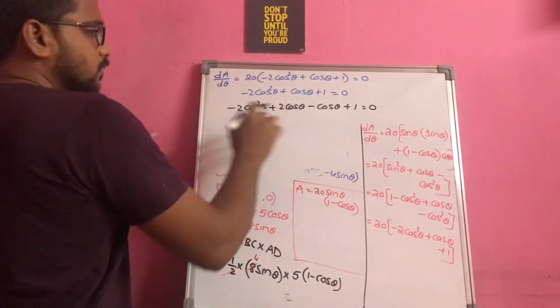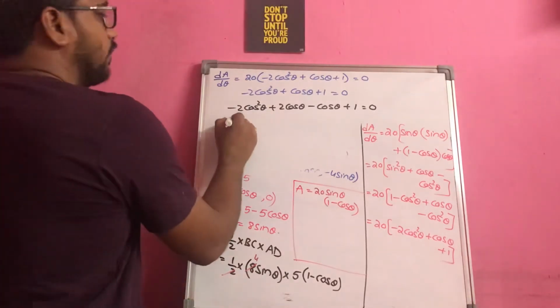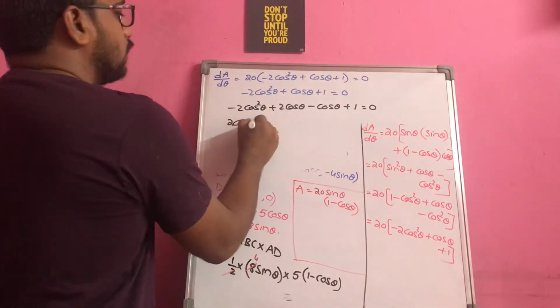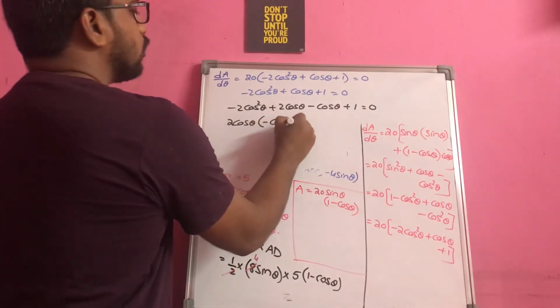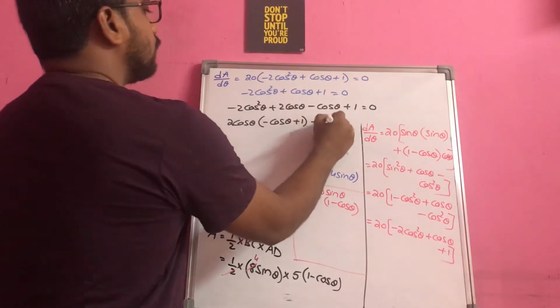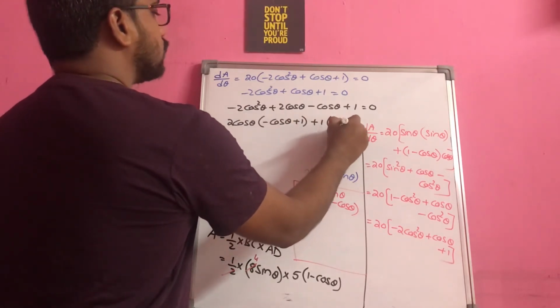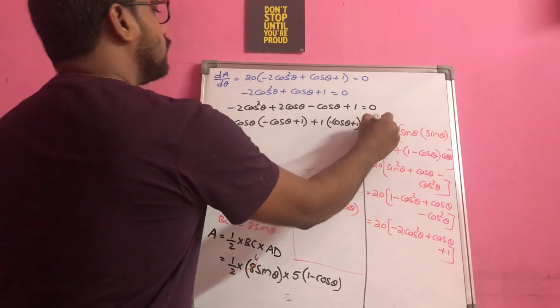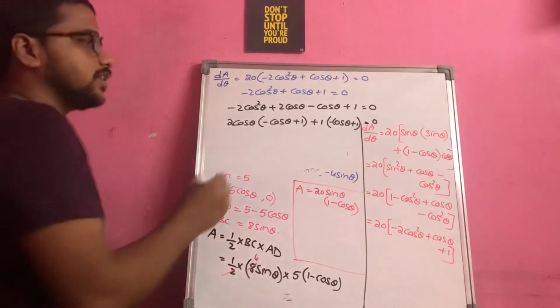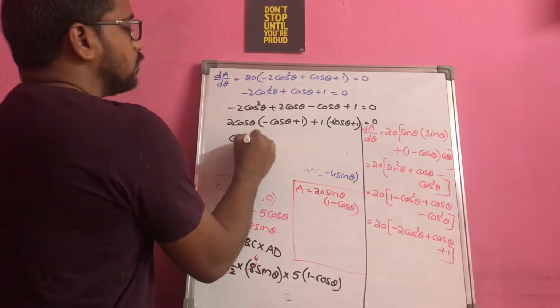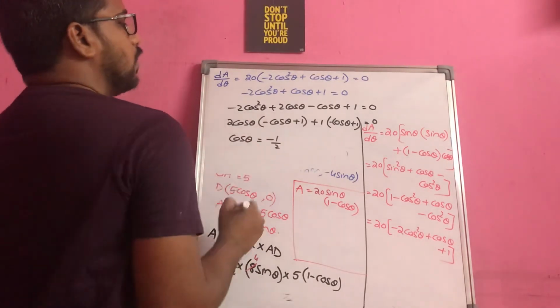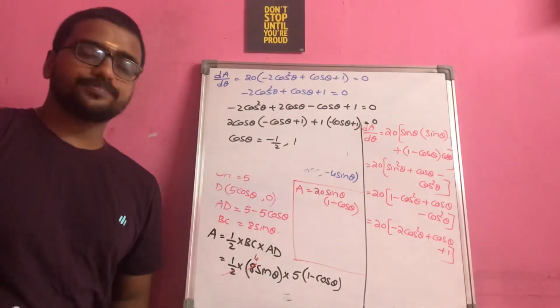On further simplification, if I take 2 cos theta as common, I will get minus cos theta plus 1, and from the plus 1, I will get minus cos theta plus 1. So you will be getting two solutions here: cos theta is equal to minus 1 by 2 and cos theta is equal to plus 1.